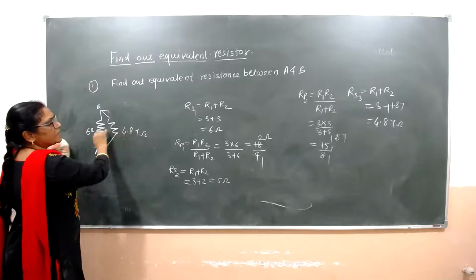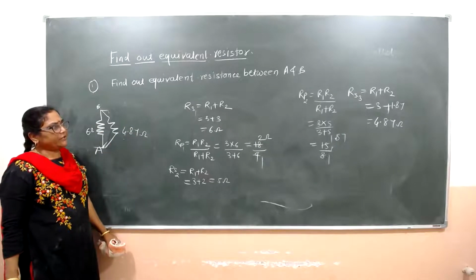So this combination is parallel. Then find the parallel resistance.